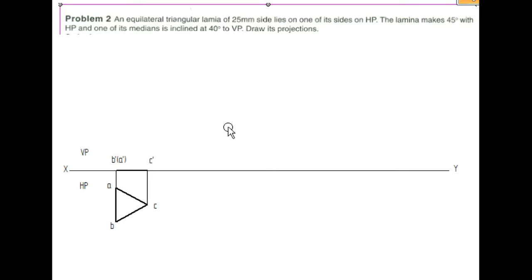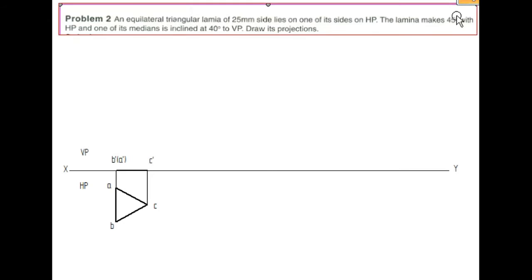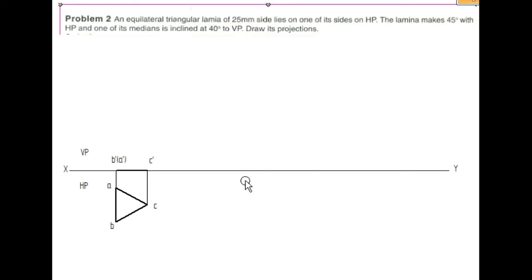Next, what is the change of position? The lamina makes 45 degree with HP, right? So whatever angle it makes with respect to HP will be seen in the VP plane. So this view will be represented at an angle of 45 degree. So measure the distance. What is the length of this line? It is 21.65.